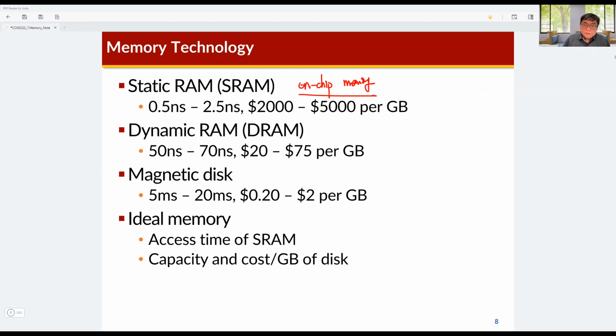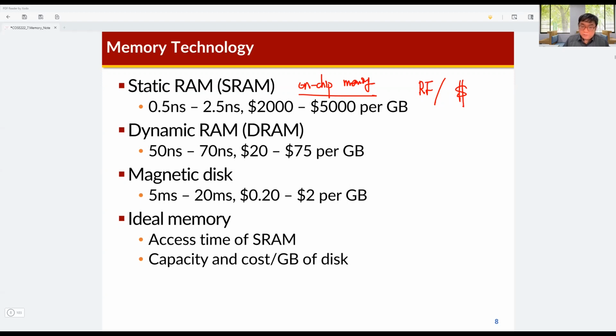So SRAM is typically implemented inside of a chip. But SRAM is very fast and very, very expensive. We usually use SRAM for the register file or caches.